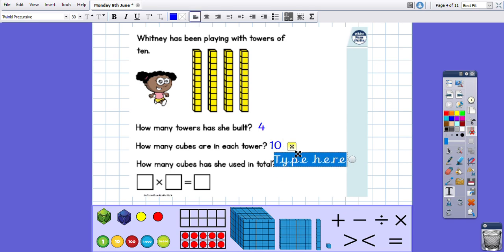Now I could, like I said last week, count every single cube, but I know there are 10 in each tower, so I'm just going to use my tens. So there are 10, 20, 30, 40. So I have got 4 groups with 10 in each group, which equals 40.